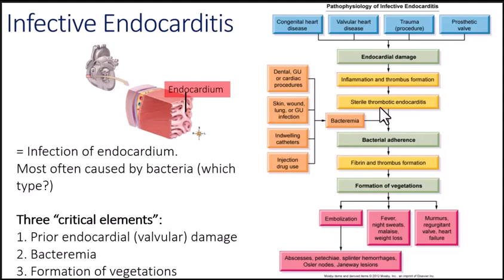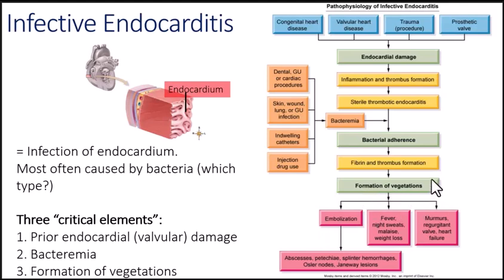So they're going to adhere then to that damaged endocardium, and they're going to infiltrate that once sterile thrombus. And they're going to accelerate fibrin formation. Remember, fibrin is part of that clotting cascade.